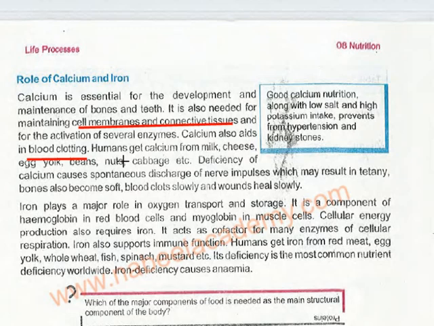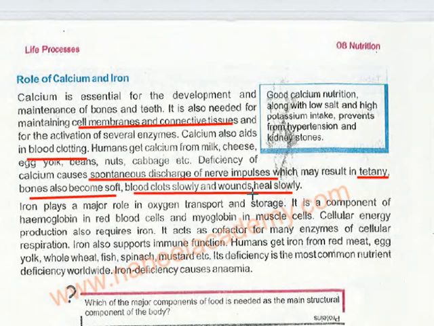The sources of calcium are milk, cheese, egg yolk, beans, nuts, cabbage, etc. Deficiency of calcium also causes spontaneous discharge of nerve impulses, which can result in tetany. Bones also become soft, and the blood clots and wounds heal slowly.